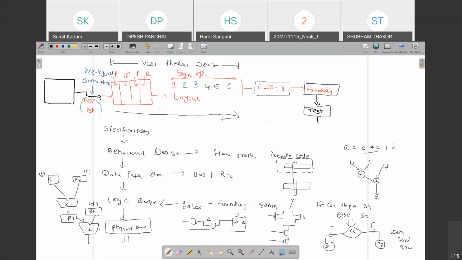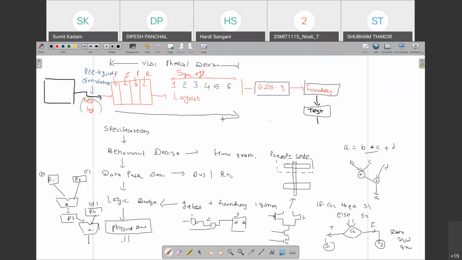In AMS VLSI, analog and mixed signal design, where a limited number of transistors are there, 1 transistor, 2 transistors, 3 transistors, maybe let's say 10 transistors, there is no need to pass your design through all the steps to generate the layout. You can design the custom layout also, whereas the layout we are generating over here is generated by the tool, which is possible with the algorithm.